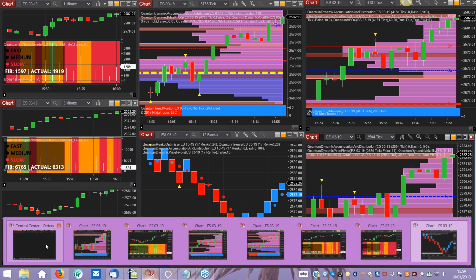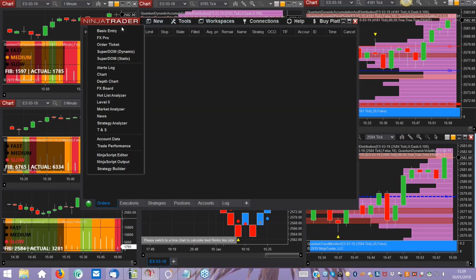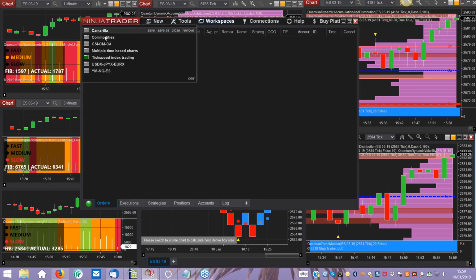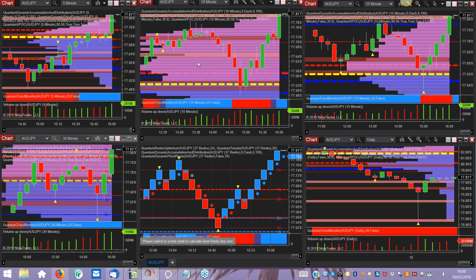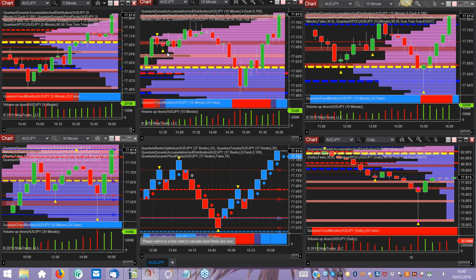Let's go back onto the tick charts again. Oops, where are we? There we are. Oh, sorry, wrong workspace. Apologies. That's the Aussie yen. Oh, actually, it's quite handy. We're on the Aussie yen, and again, market trading is all about risk sentiment. Is risk sentiment strong?